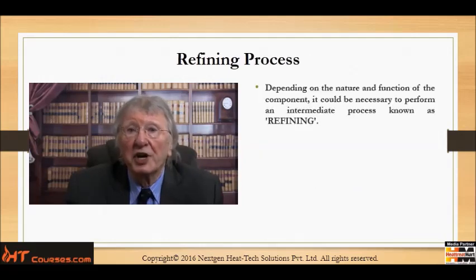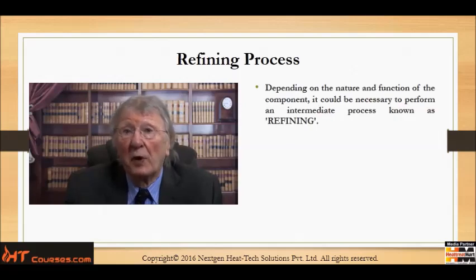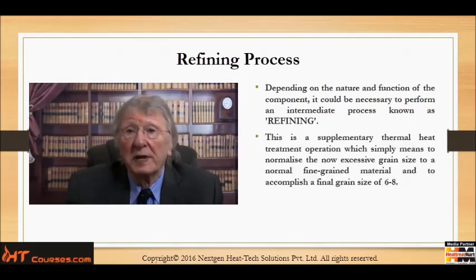Depending on the nature and function of the component, it should be necessary to perform an intermediate process, which is generally known as a refining process. This is a supplementary thermal heat treatment operation, which simply means to normalize the now excessive grain size to a normal fine grain material, and to accomplish the final grain size of approximately 6 to 8.